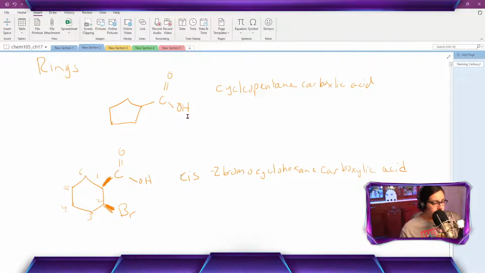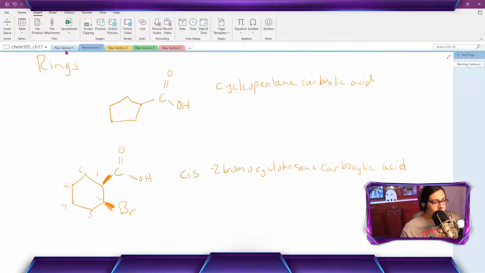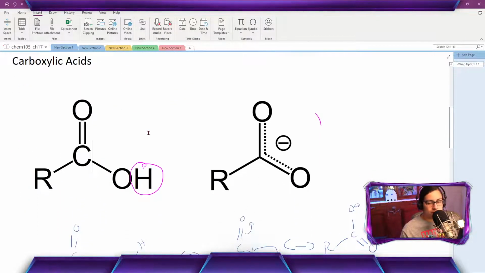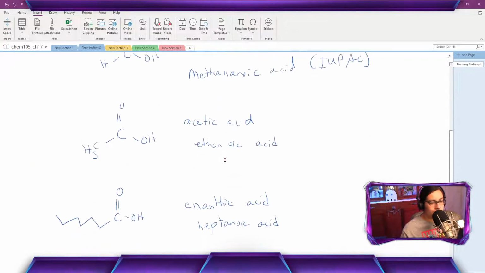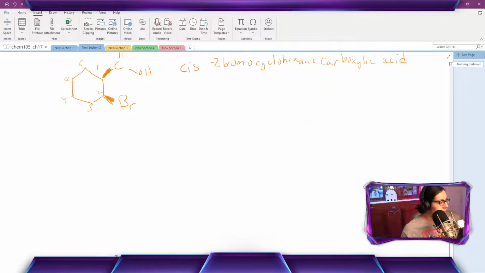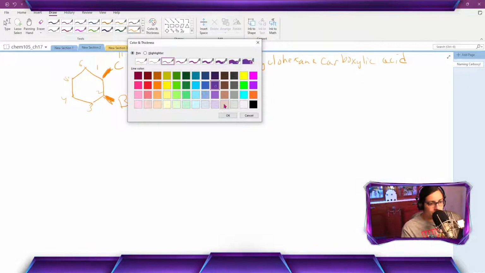So let's go back to another naming scenario that comes up. And so we mentioned that these carboxylic acids have a tendency to be deprotonated, and this means that we can form the salt, and so sometimes they're found in salt and counter ion form. So let's look at how that changes it.